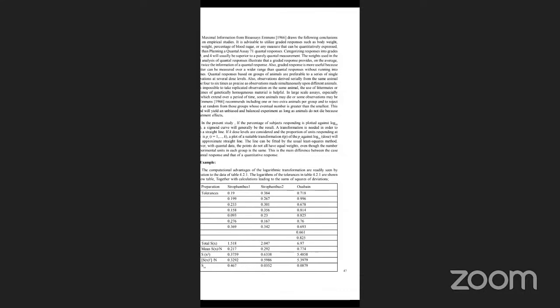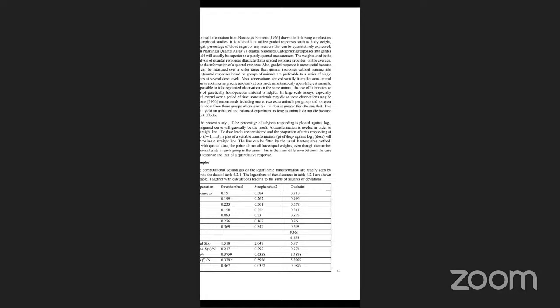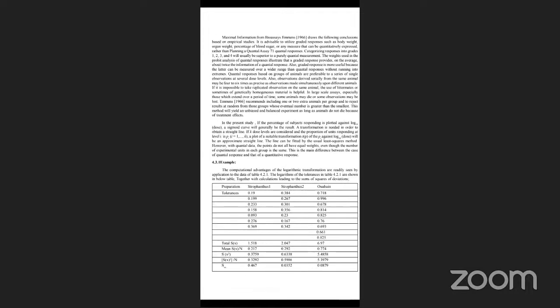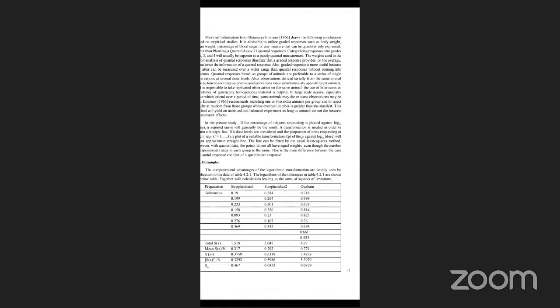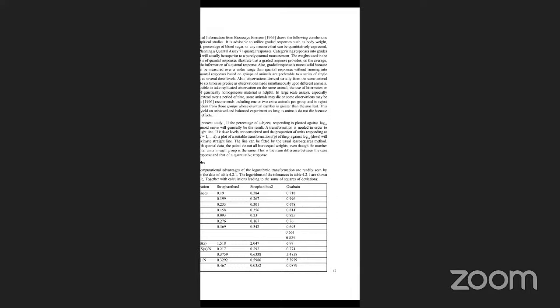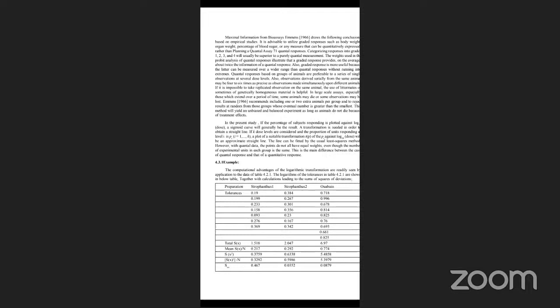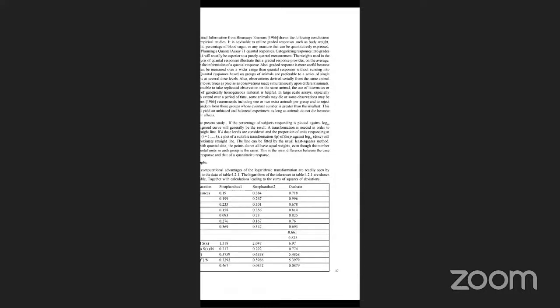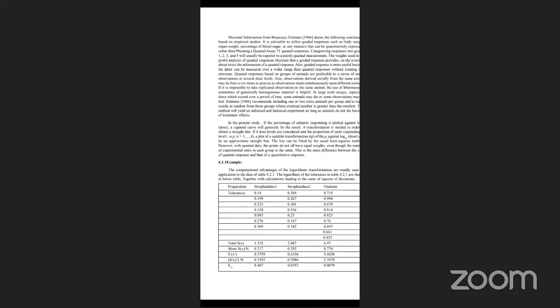Also, a graded response is more useful because the latter can be measured over a wider range than quantal response without running into extremes. Quantal responses based on groups of animals are preferable to a series of single observations at several dose levels.